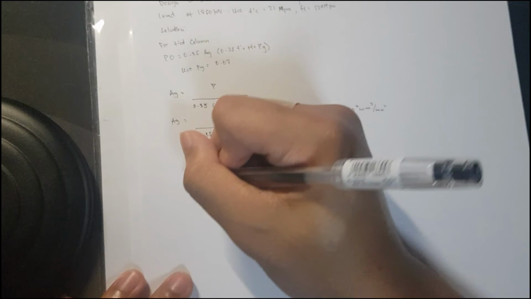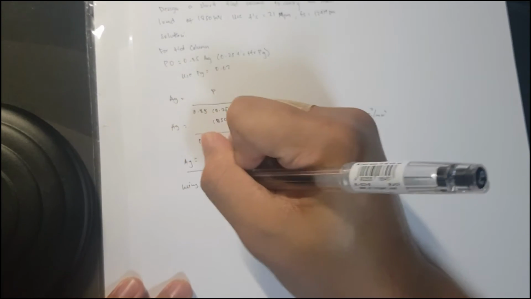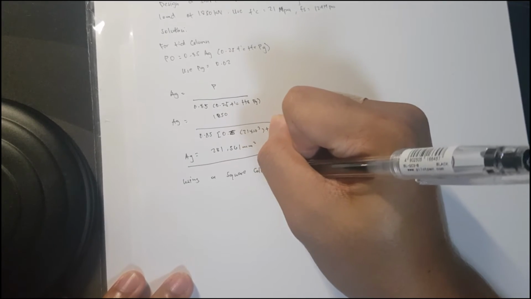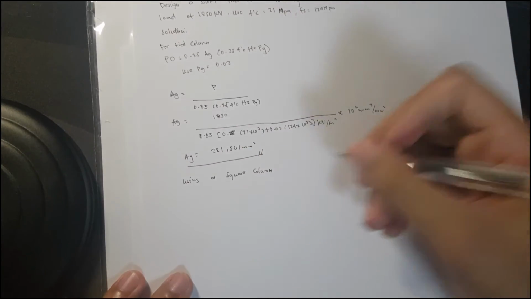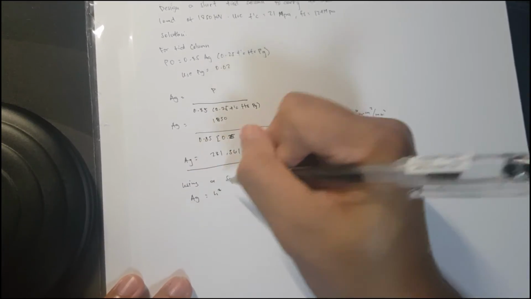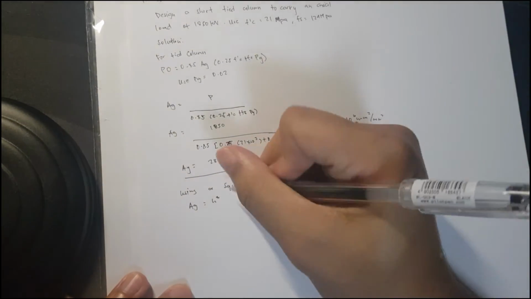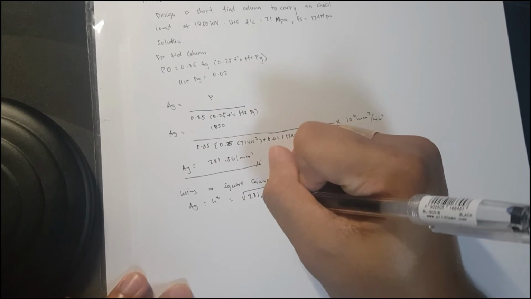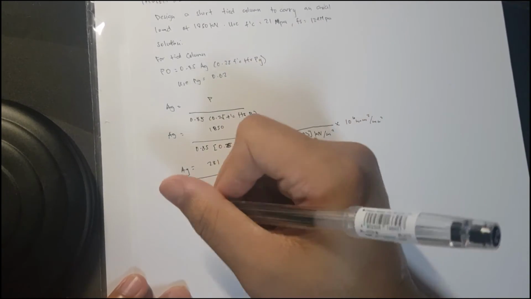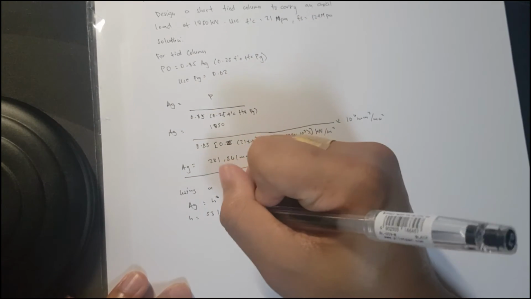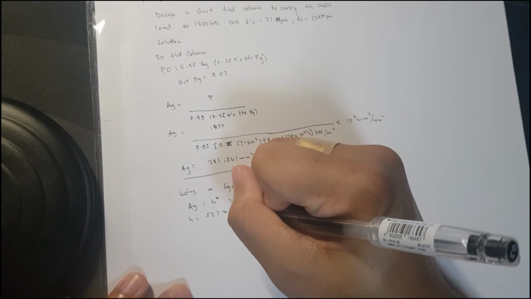So using square column, yung gross section area natin is equals to h squared. So square root natin yung sagot natin na 281,561 at makukuha natin h is 531 millimeter.